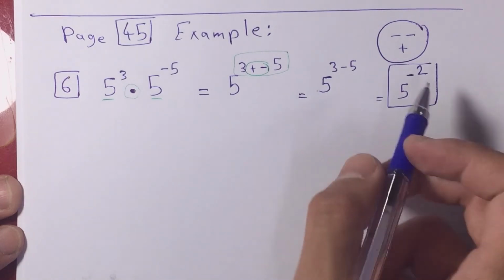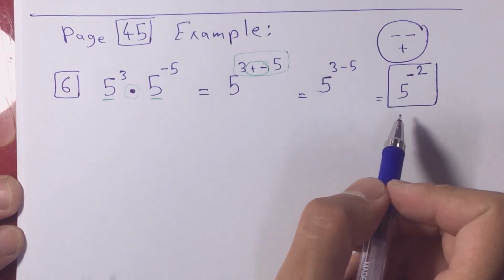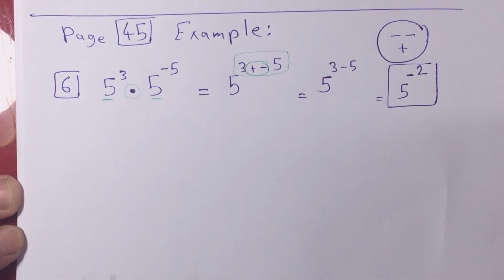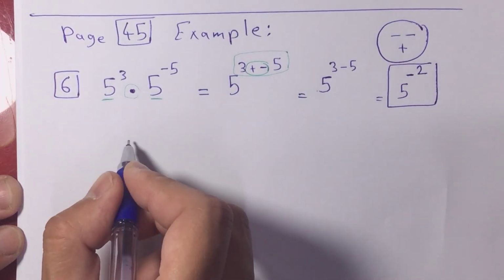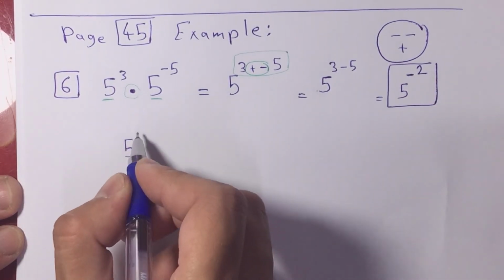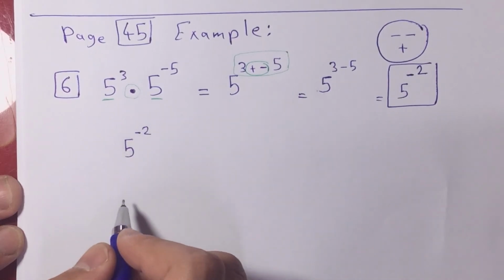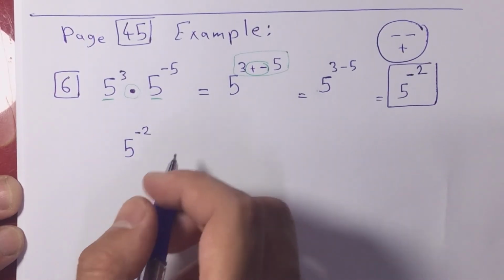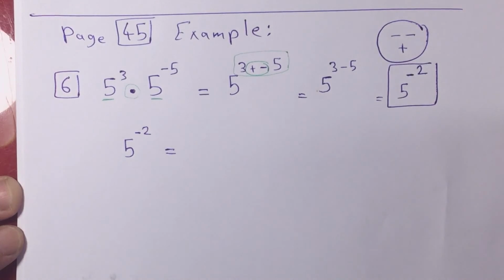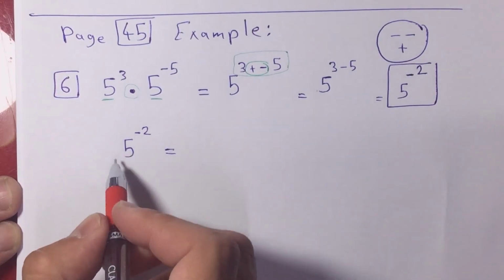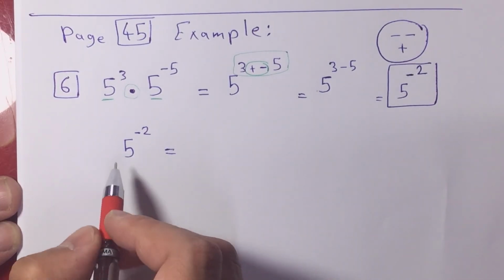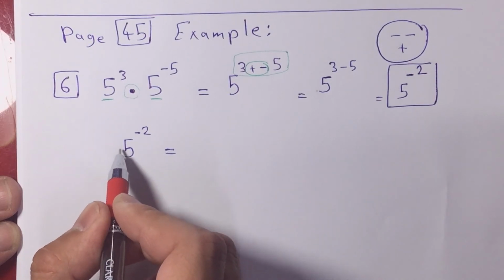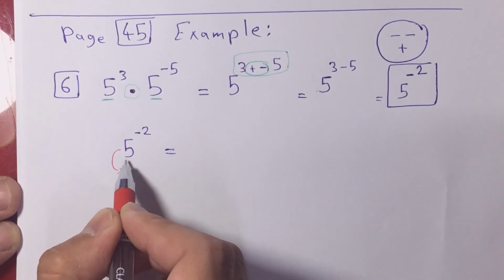Okay, how can we write this 5 to the negative 2 in terms of positive exponents? So we need to convert 5 to the negative 2 into a positive exponent. How can we do that? The same rule we have. Is this 5 in the numerator or in the denominator? It's in the numerator, so we change its place to the denominator.